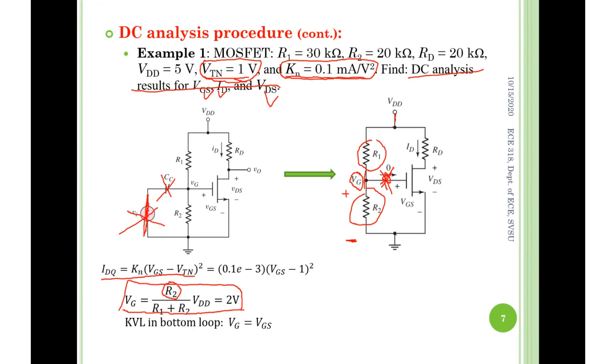Okay. So remember this voltage divider. Voltage divider is total voltage times a ratio. The denominator is the sum of two branch resistances. The numerator is the resistance we are looking at the voltage for.